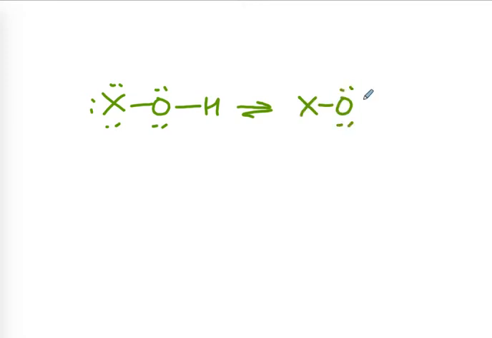If you think about the structure of these acids, so I've got X, O, H, again ionizing to form the conjugate base XO minus plus H plus. The more electronegative X is, once again, the more strongly electron density is withdrawn from the OH bond, weakening the OH bond, and making it easier for the hydrogen to come off as H+, making the acid stronger. That's a pretty clear correlation.